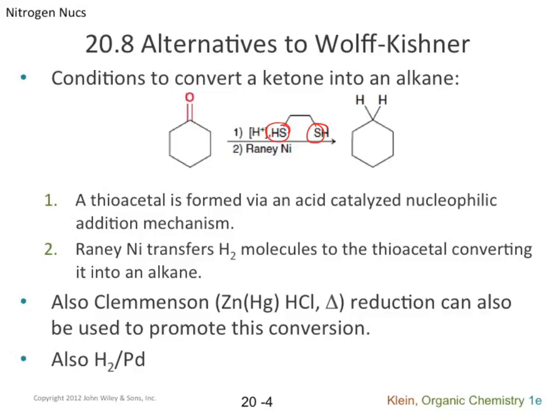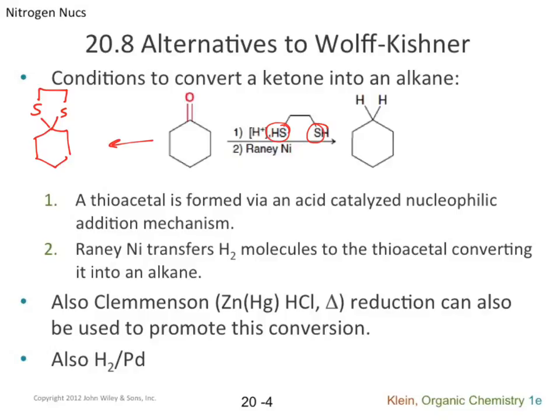We end up generating, as an intermediate, which I don't really have any space to draw, the equivalent of if it had been a diol. That species can then be reduced using Raney nickel, which we've seen before. So it is an alternative to doing the Wolff-Kishner reduction.